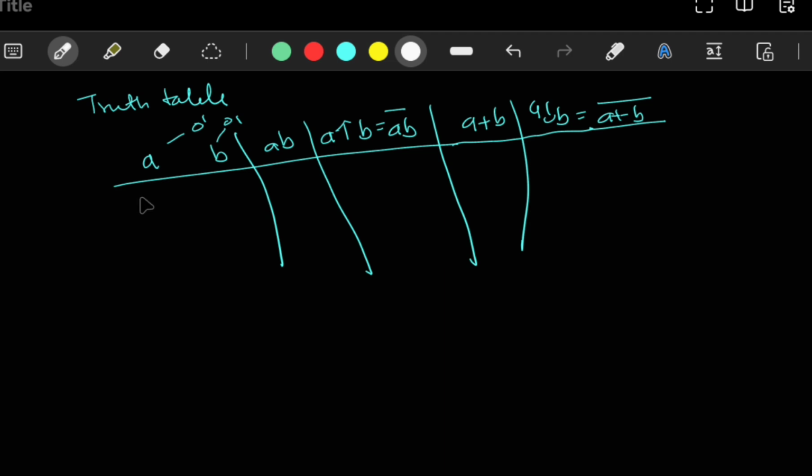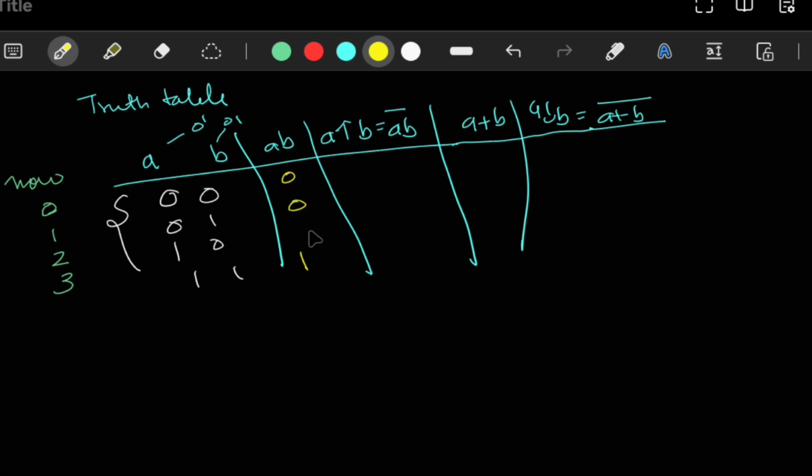इसीलिए मान लीजिए this is the binary number 0. So what will be the truth table of AB? You know AB, it will be 1 if both are 1, else it will be 0. Right? Now complement of AB.